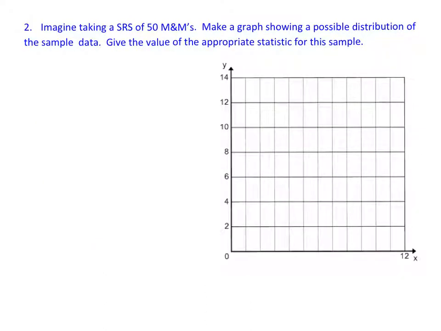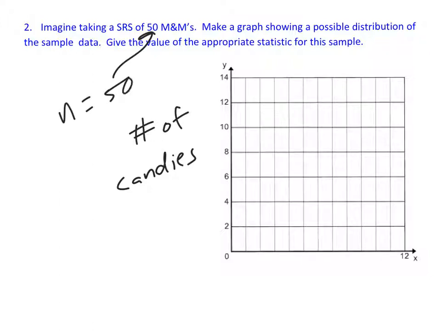Okay? So let's say we did a sample. Now I didn't actually do this, so I got to make up the numbers. But now I'm saying this is the number of candies, because it does give us a sample size of 50.